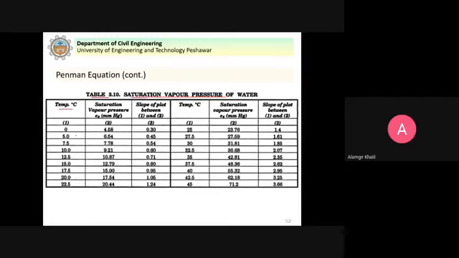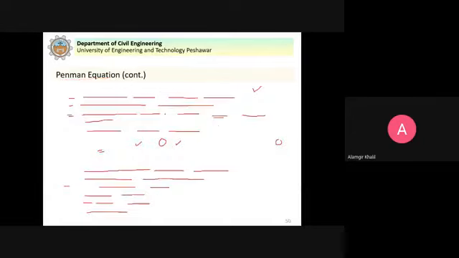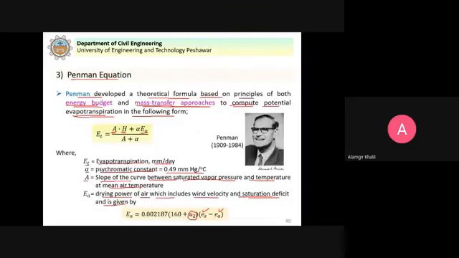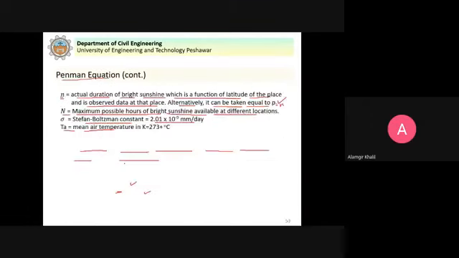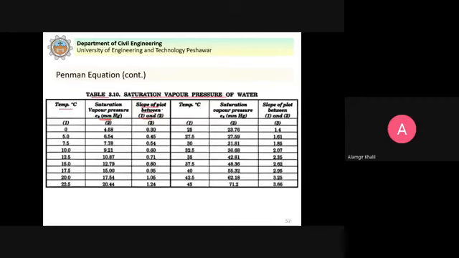For the given temperature, we can read the saturation vapor pressure and the slope of the plot between the temperature and the saturation vapor pressure. This is actually the A in the equation, the slope of the curve between saturation vapor pressure and temperature, so from this table it is the A in the Penman equation.